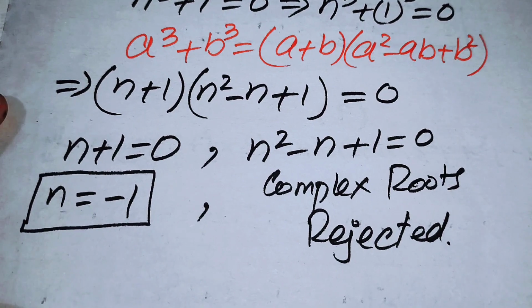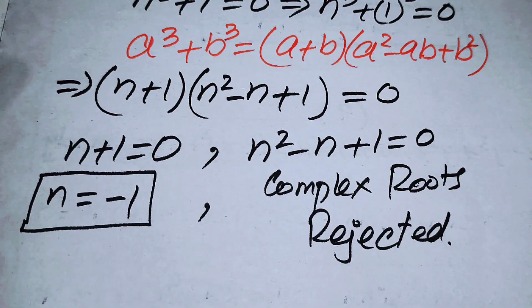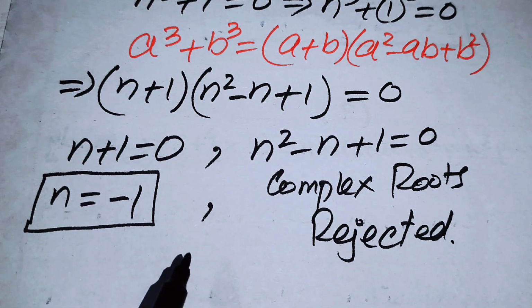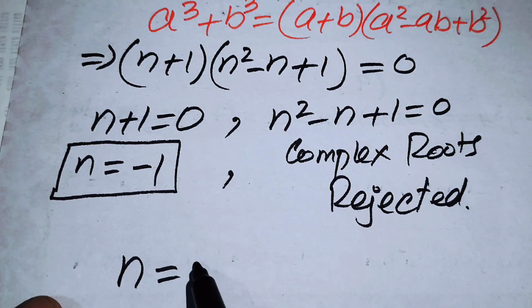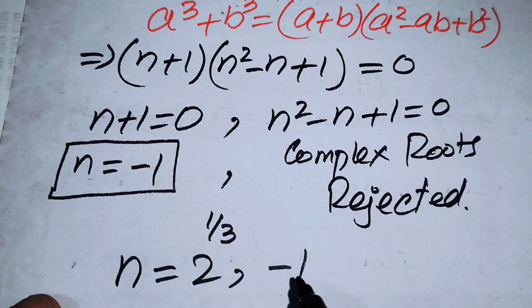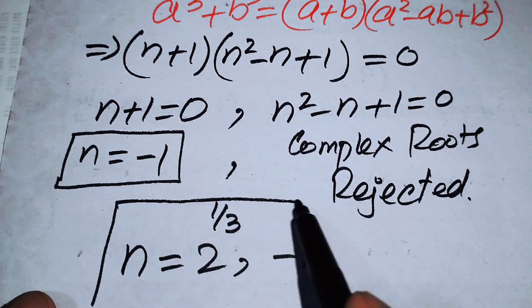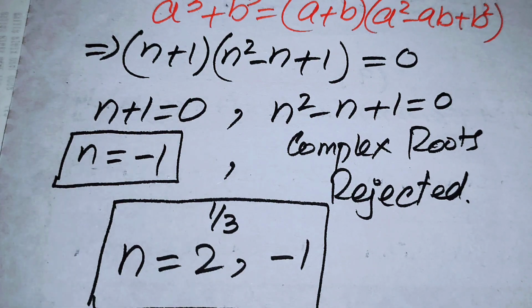So finally we have two real roots of this equation. These roots are n is equal to 2 to the power of 1 over 3 and minus 1. These are the two real roots of the given equation, and this is our final answer.